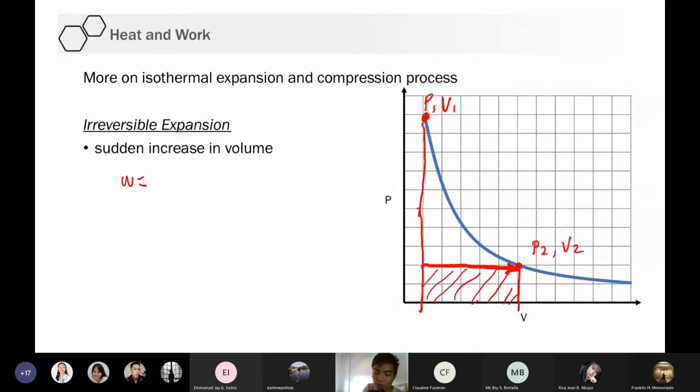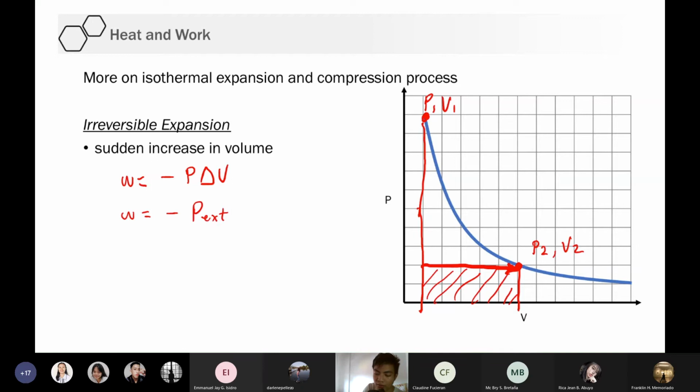So, to solve for W, so that is negative P delta V lang. So, P delta V lang yung gagamitin mo dyan. Okay? But yung P na gagamitin is yung final pressure. Negative P final or the P2. Or let's say P external na lang.